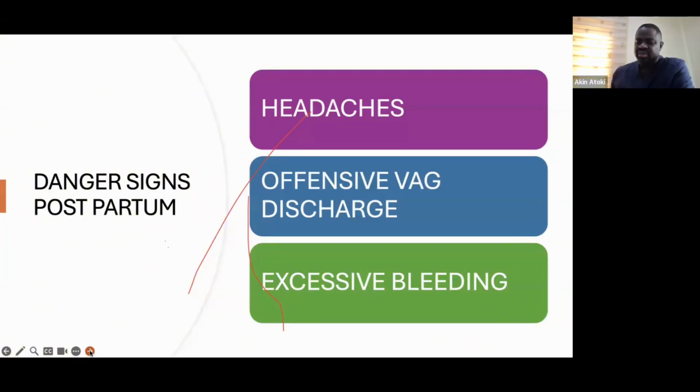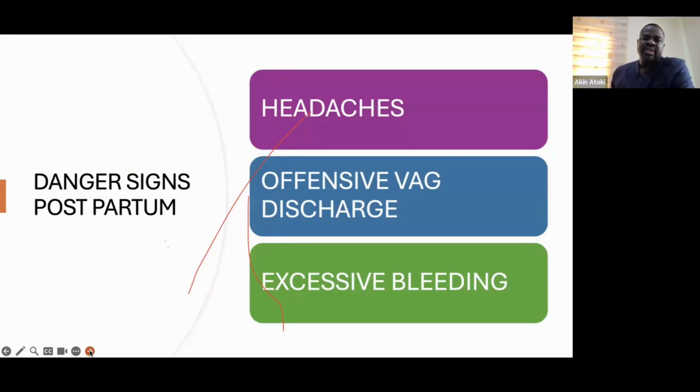By the time she decided to come to the hospital, the headache was so severe, she was feeling pain at the back of the neck. On presentation to the emergency room, she started convulsing, and from there on, there was no turning back. From headaches to convulsion, and that was the end.